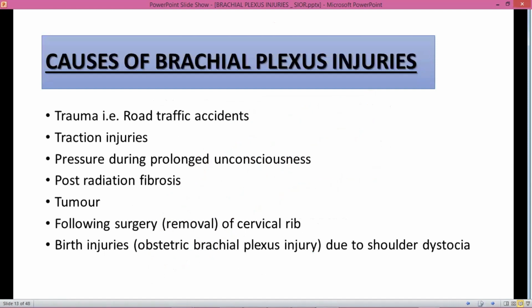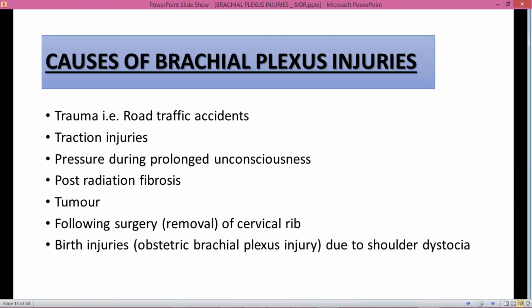Okay. So after studying anatomy, now let us learn what the causes of the injuries are. The most common injury seen is due to trauma, which is a road traffic accident. If the person is in a car and meets with an accident, the head and the shoulder are separated to the opposite side, which puts pressure on the brachial plexus.